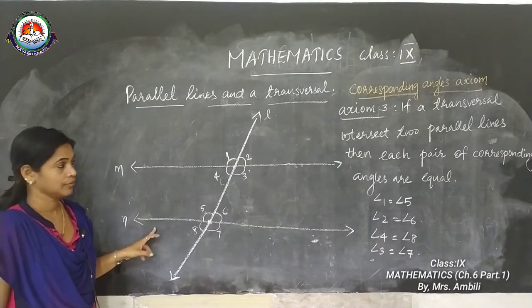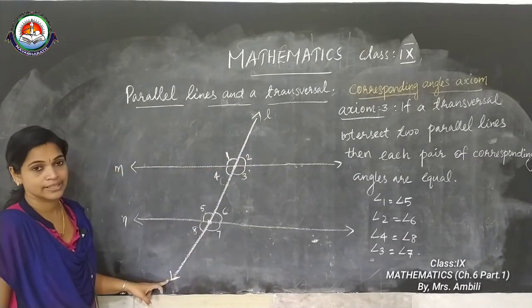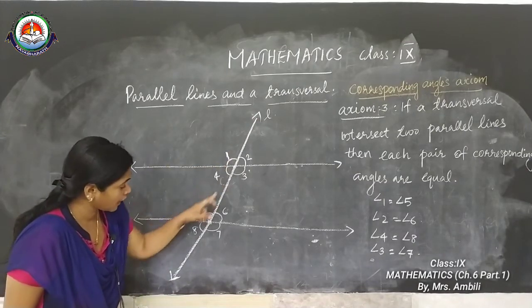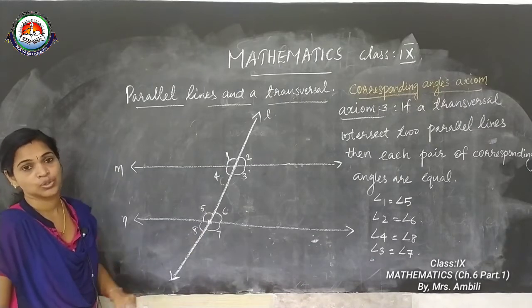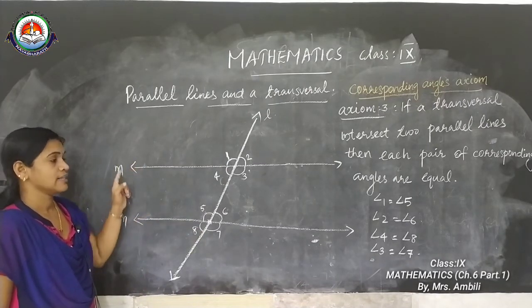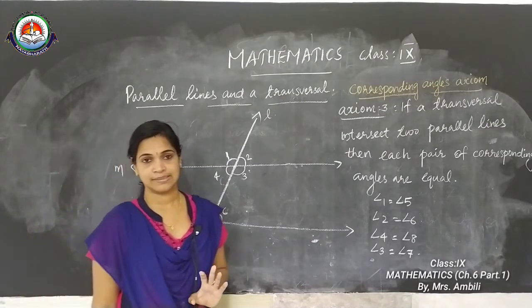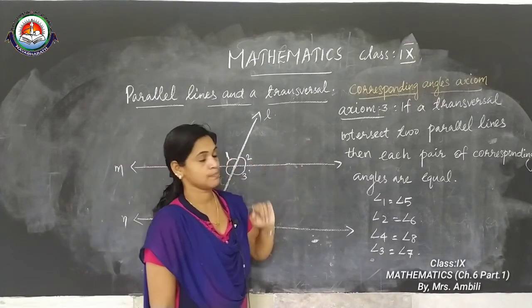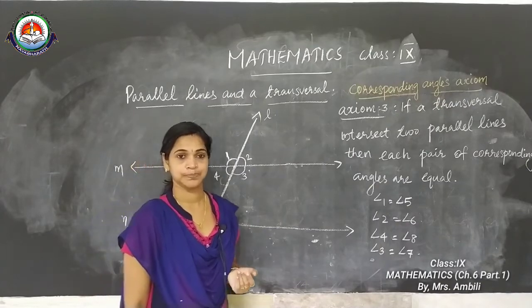Okay? If a transversal intersects any two lines, if each pair of corresponding angles are equal, it means these two lines are parallel lines. Okay, that is the converse of the corresponding angles axiom.